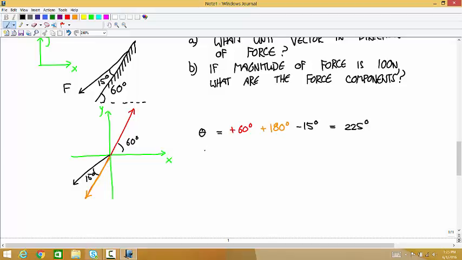And so then the unit vector is equal to cosine of 225, sine of 225. I don't have that written down. Can someone tell me what those values are?